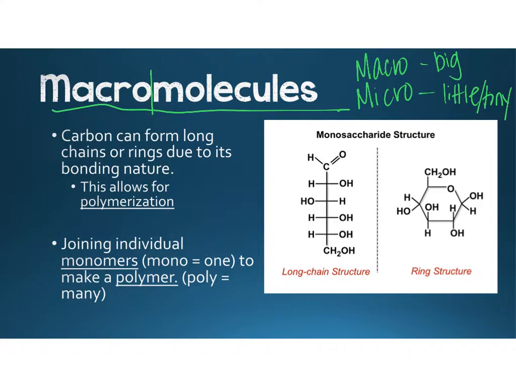These long chains and rings are formed by a process that is called polymerization. So these macromolecules are all considered polymers. Okay, remember the prefix poly means many. So all of these molecules are formed by joining individual building blocks together to make a big molecule. We can break these molecules down into their tiny little individual bricks, which are called monomers.